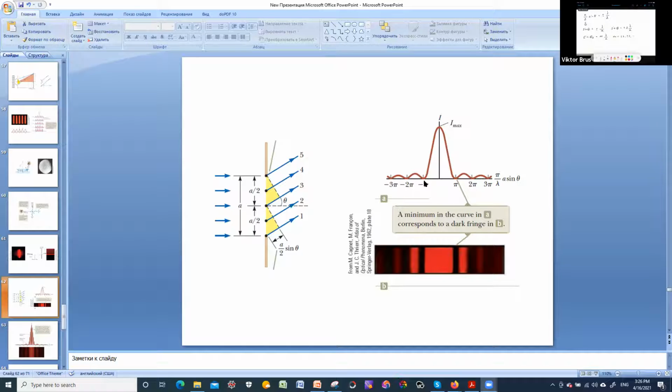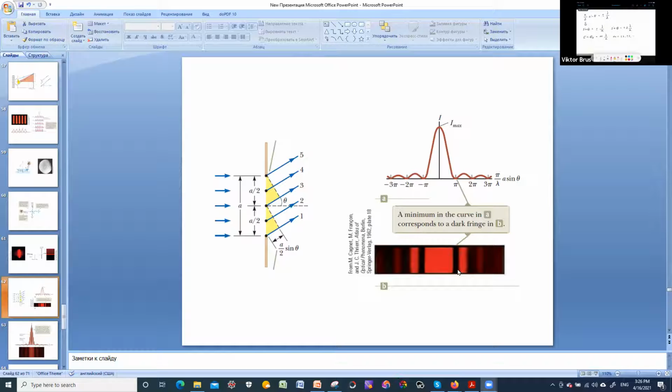We will, in a second, write an equation which gives us the light intensity distribution for the diffraction at a single slit. At theta equals 0, we have the maximum of light intensity.